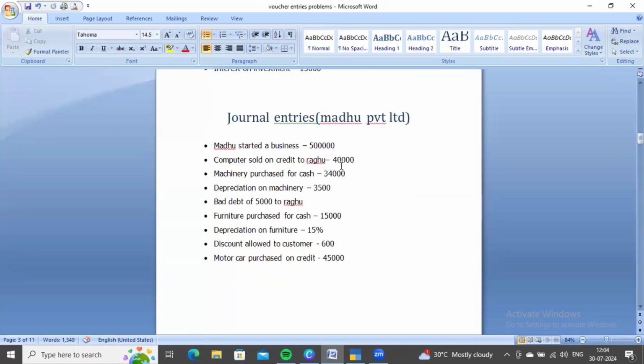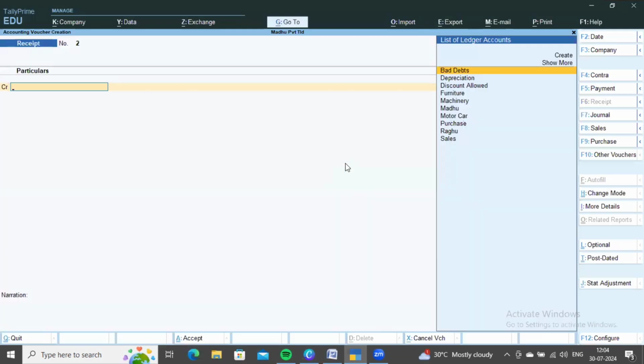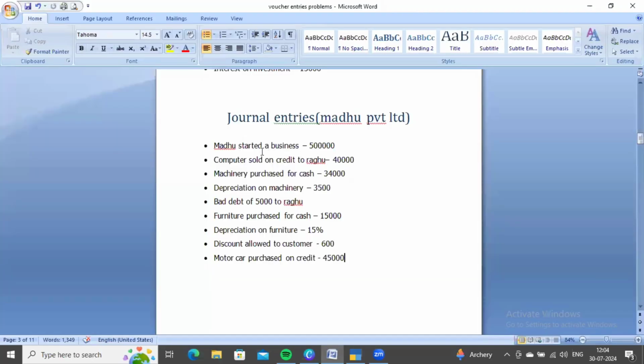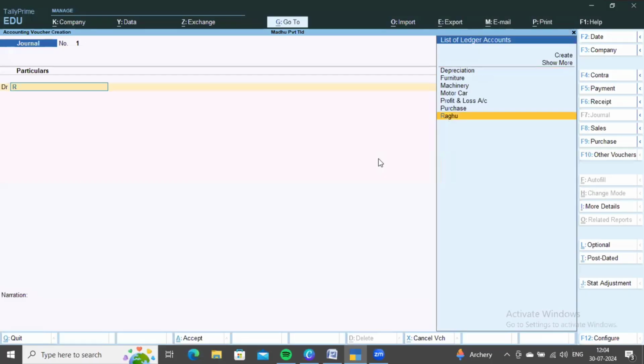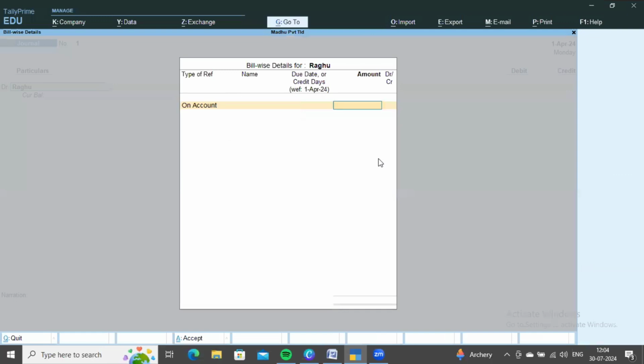And computer sold on credit to Raghu. Here the computer has been sold on credit basis, so it comes under journal voucher. F7. If anything has been sold on credit basis, that comes under journal voucher only. Raghu account debit, on account.